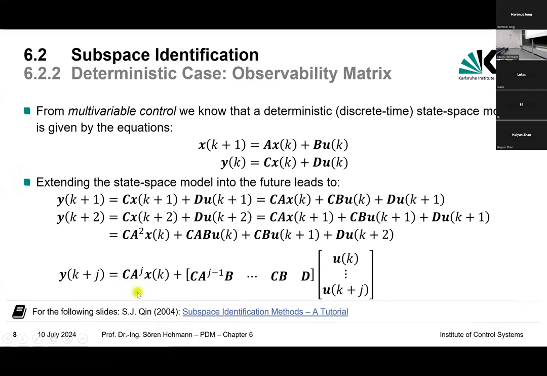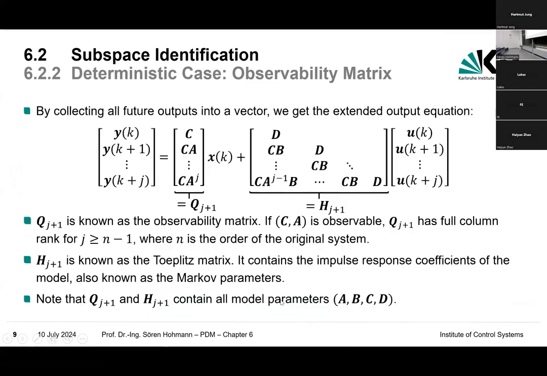We get CA to the power of j times x(k), plus something which collects all the terms given by u(k), u(k+1), u(k+2), etc. Now I do the following trick.